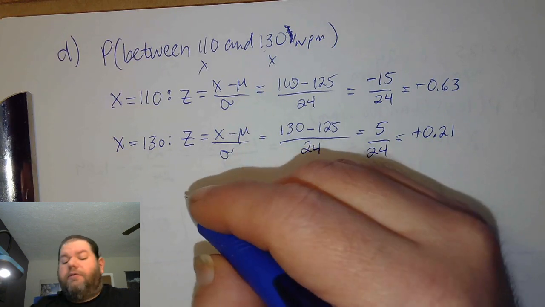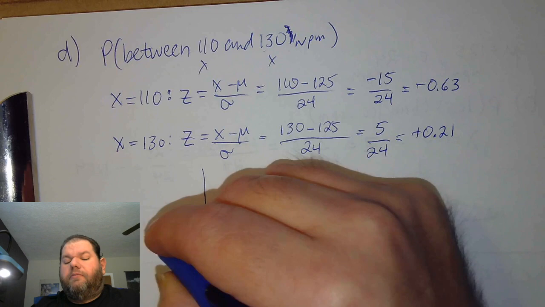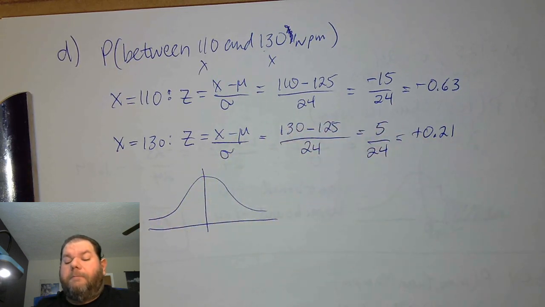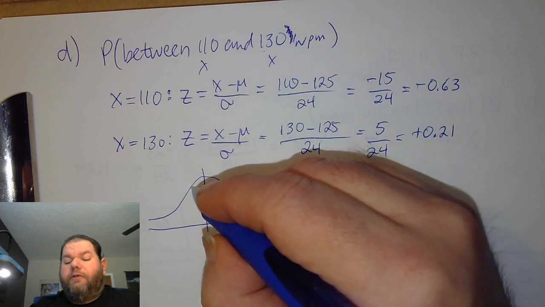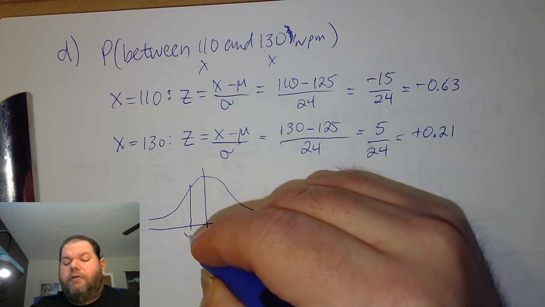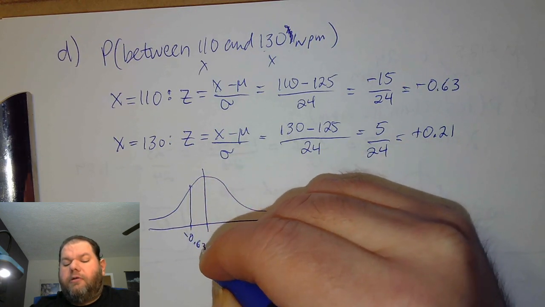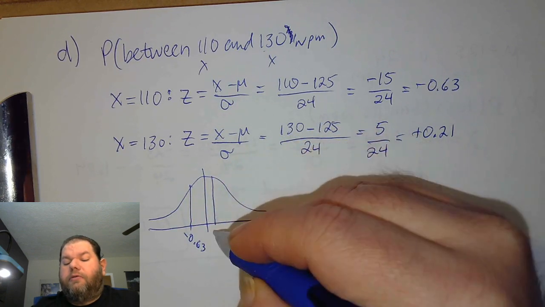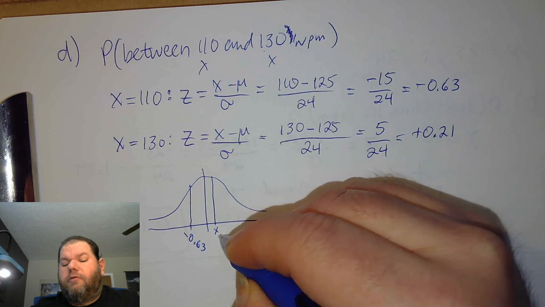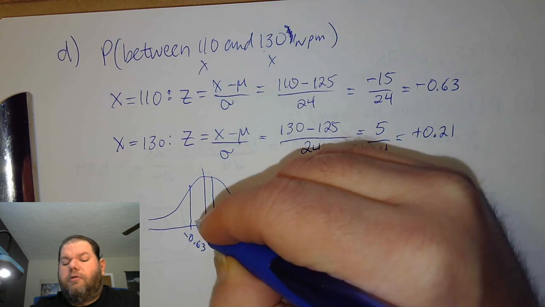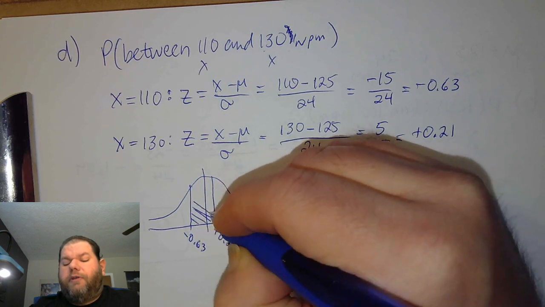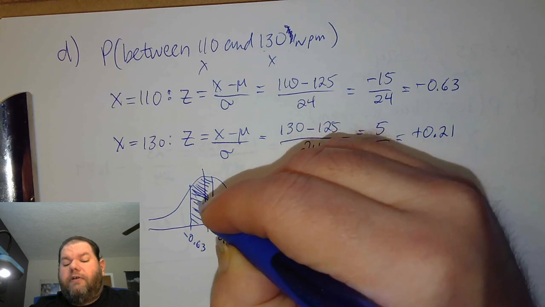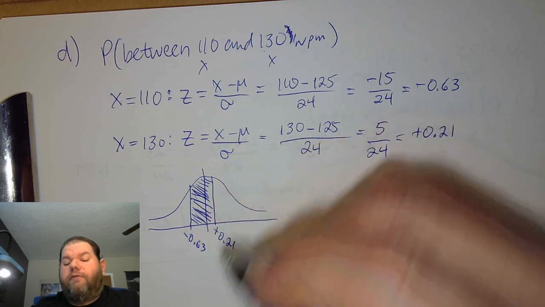Drawing our graph now. We have negative 0.63 and positive 0.21. And we want the area between those two, or the probability that x or z falls between those two values.